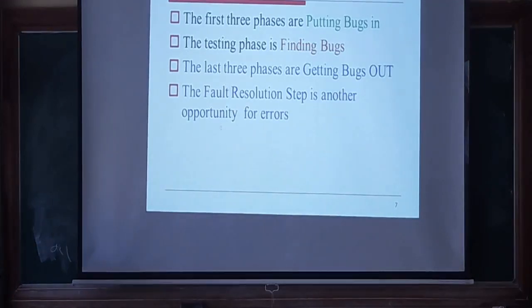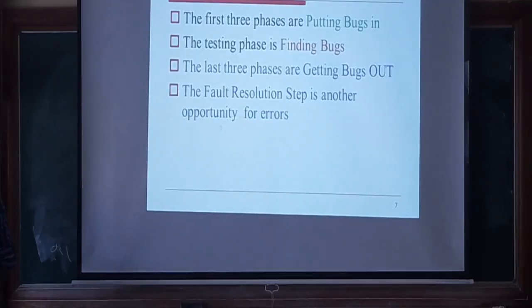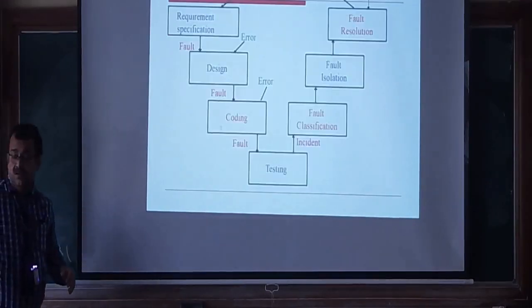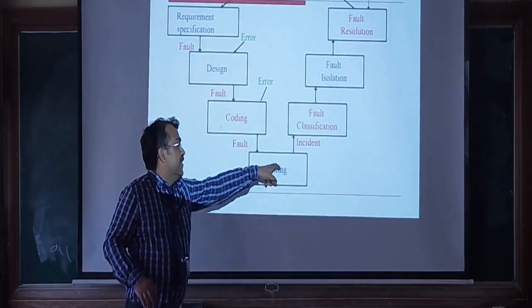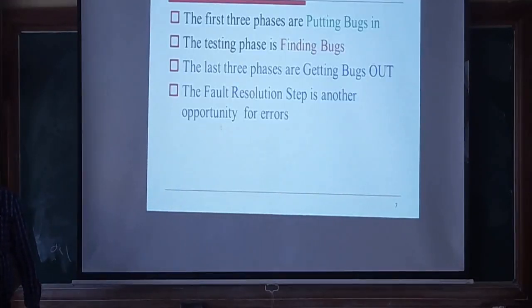So when we call this the testing life cycle, the first 3 phases are basically putting the bugs in. As you can see, we put the bugs in the first 3 phases. Then comes the testing phase where we find the bugs. Then the last 3 phases are basically getting the bugs out.